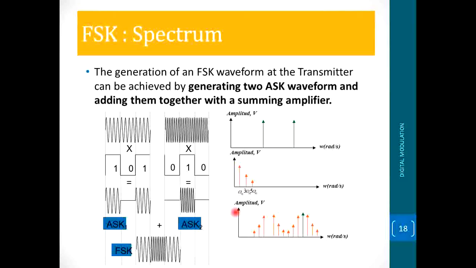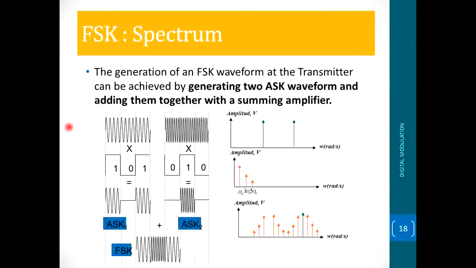Okay, the generation of the FSK waveform at the transmitter can be achieved by generating two ASK waveforms. Previously you have learned about the ASK, how the amplitude shift keying is generated, the message multiplied with the local oscillator.